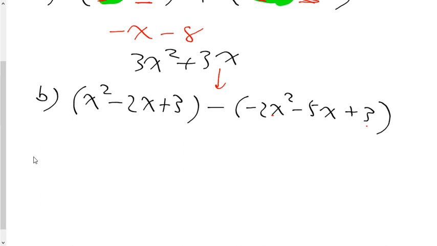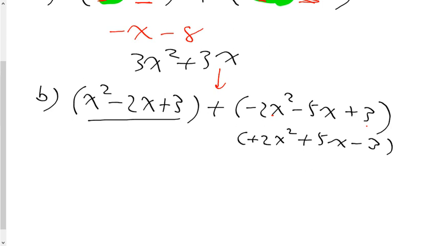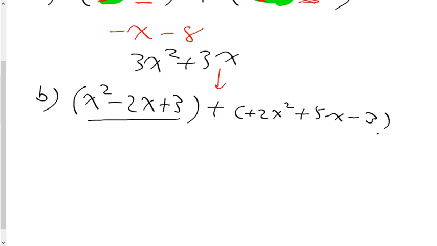So I keep this first polynomial as is, change subtraction to addition, and instead of using this polynomial, I'm going to use the opposite of every term in there. So I'm going to add the opposite. I'll erase this, and bring this up. And that should be the same answer, correct?